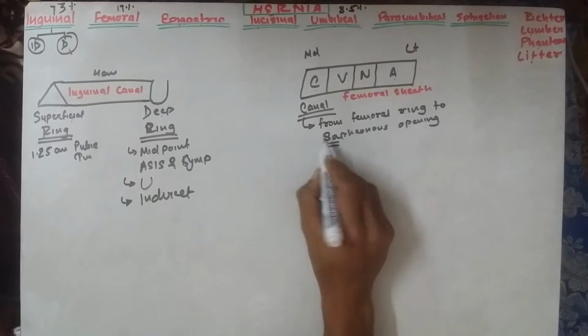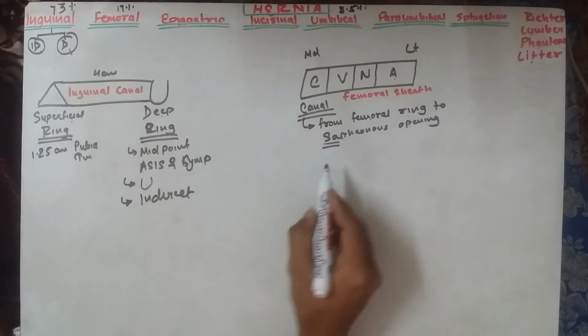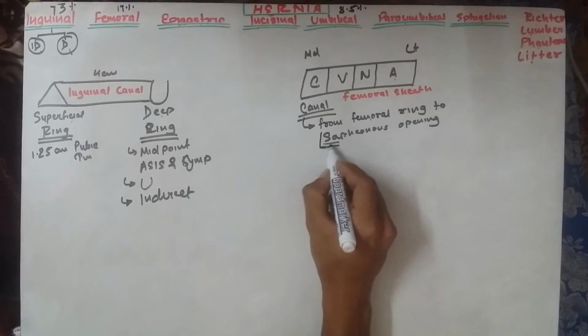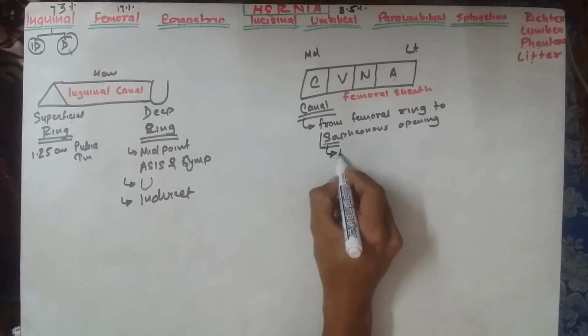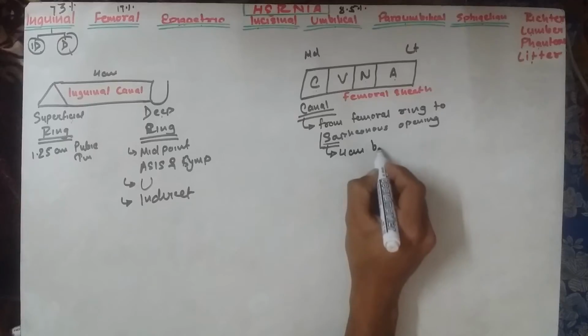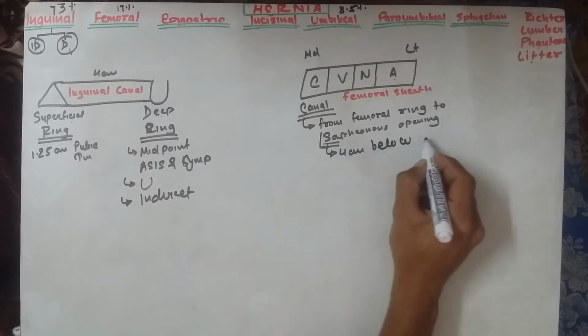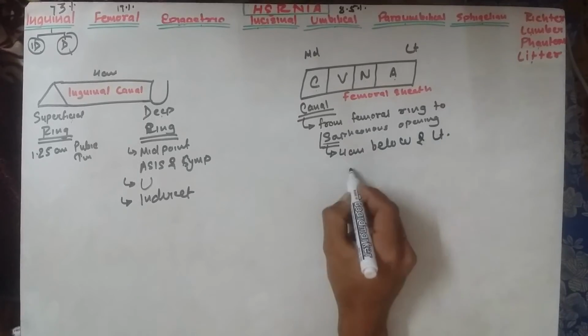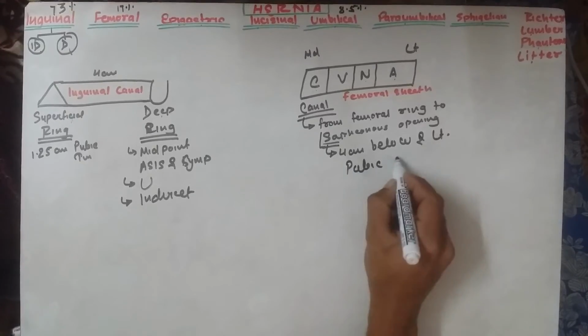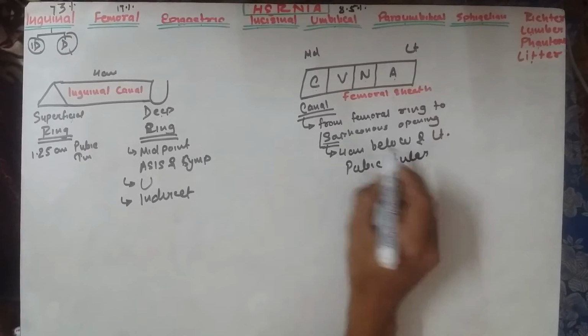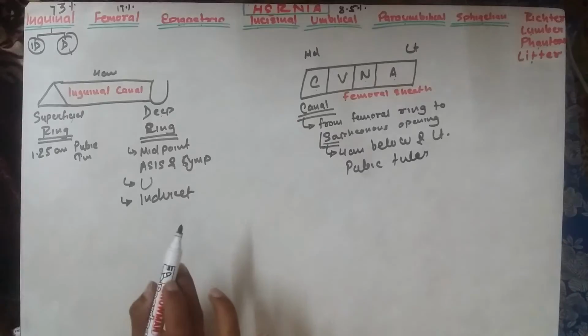We look for the femoral hernia at the site of the saphenous opening, which is 4 centimeter below and lateral to the pubic tubercle. This is the site where we look for the femoral hernia.